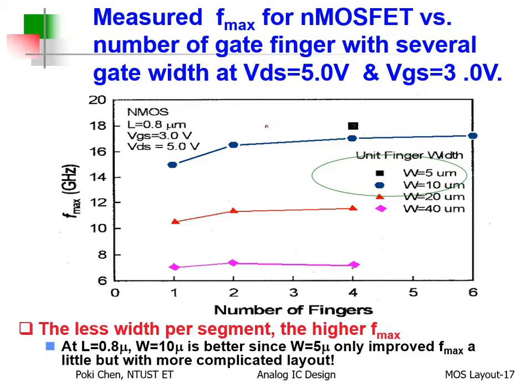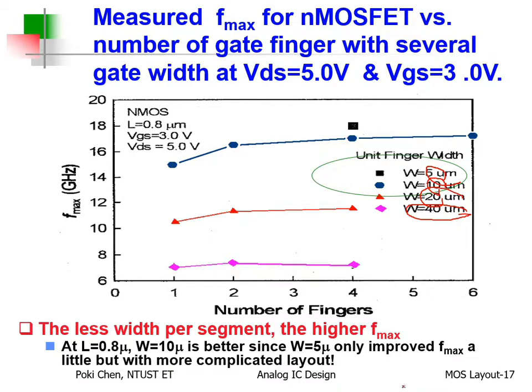Which layout will be better. So from the very beginning, it has a very wide transistor. 40 microns. Then cut it into 2 pieces, 4 pieces, 8 pieces, then connect them in parallel. It means stack the layout. That's it.